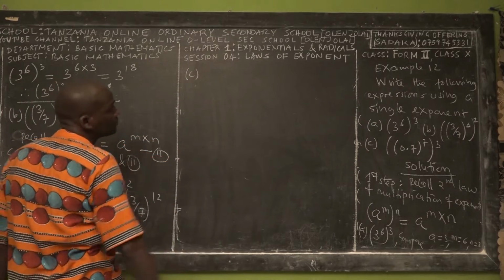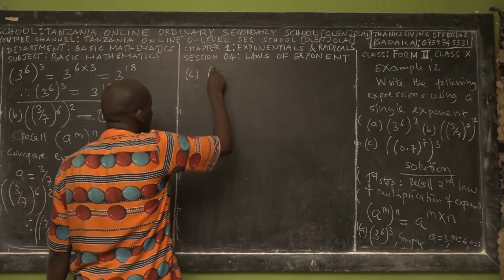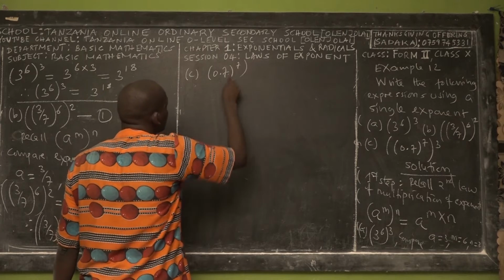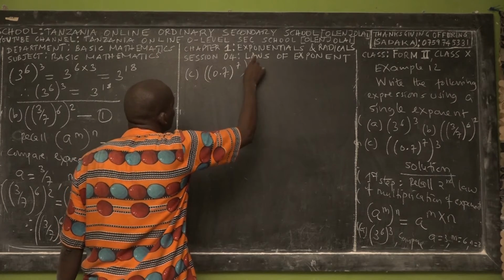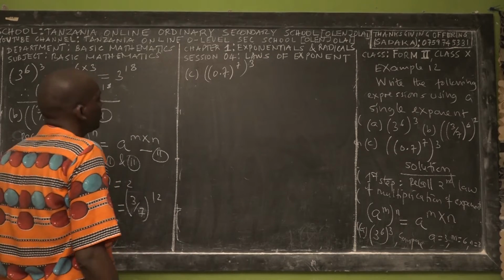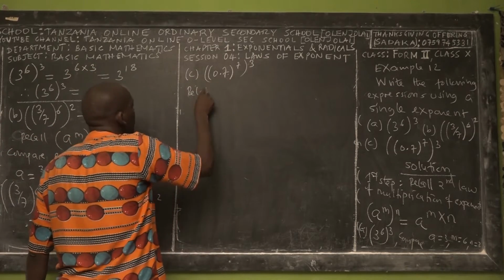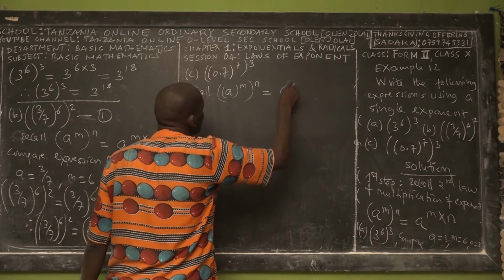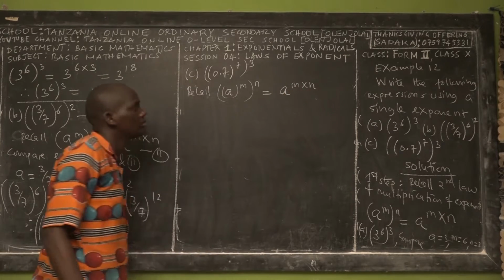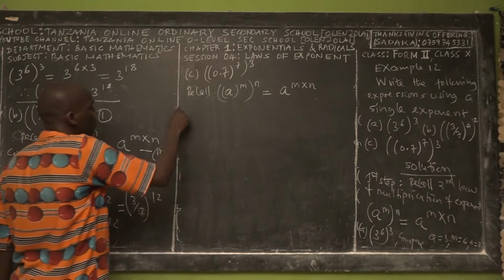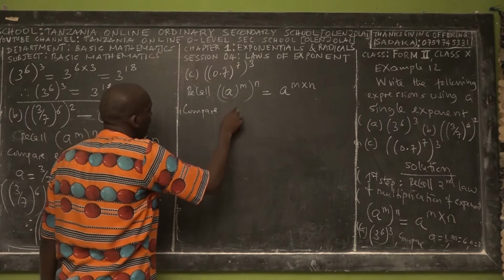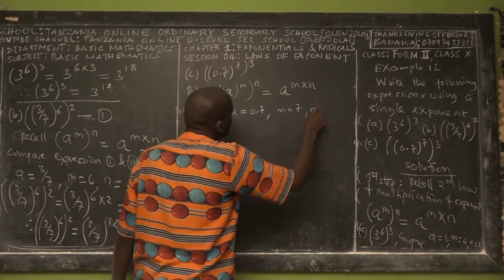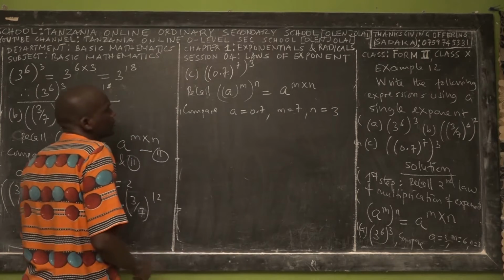So Roman C, we have been given 0.7 as the base, power 7, power 3. So we have to recall the law. The law is A power m power n, equal to A power m times n. If you compare, A is equal to 0.7, m is equal to 7, n is equal to 3.